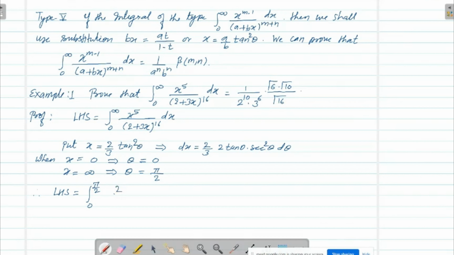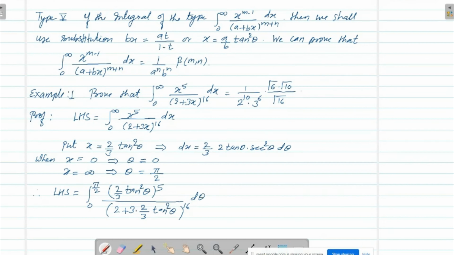Here x is (2 by 3 tan square theta) raised to 5 and divided by (2 plus 3 into 2 by 3 tan square theta) the whole power raised to 16.